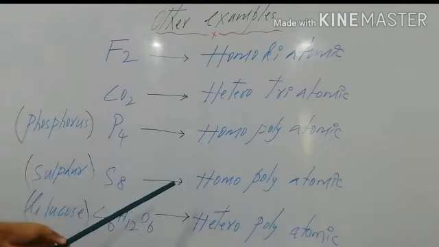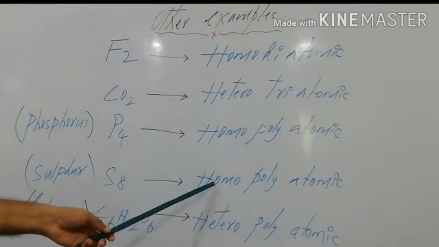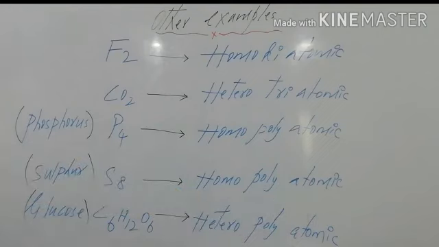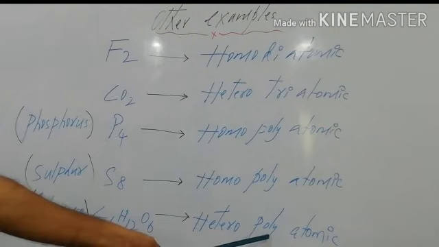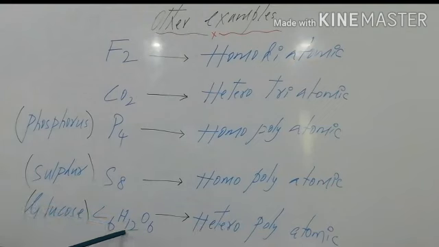And the 8 sulfurs, being similar, we call it homopolyatomic. The last one is glucose, C6H12O6. It is also beyond 3, so we call it polyatomic. And since it contains carbon, hydrogen and oxygen, which are different, we call it heteropolyatomic.